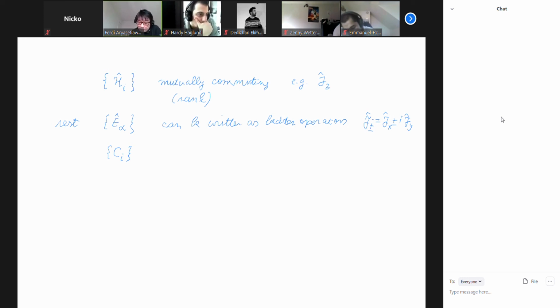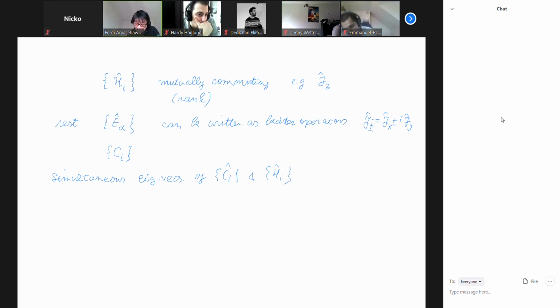Since the Ci commute with all the other generators, we can choose simultaneous eigenvectors of the Ci and the Hi.